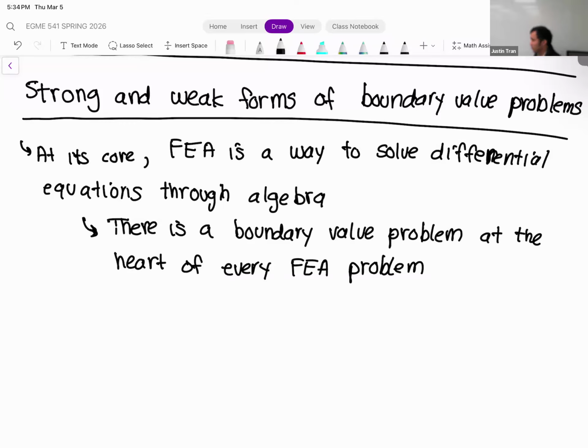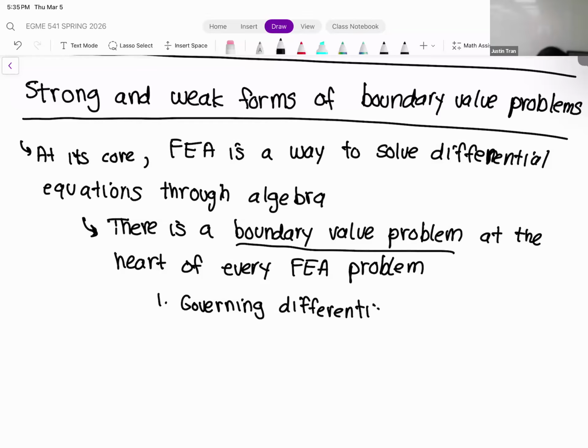If you've never heard the term, a boundary value problem has three components. The first component is the governing differential equation. There has to be some kind of differential equation that we have to solve in our boundary value problem.